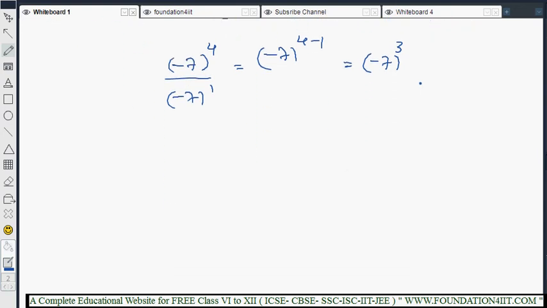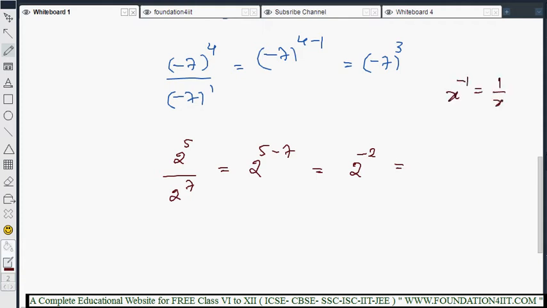I'll give an example: 2 to the power 5 by 2 to the power 7 is given. First power minus second power, that is 5 minus 7, so 2 to the power minus 2 will come. Now this is like the first formula, x to the power minus 1 is equal to 1 by x, as I explained previously, so we can write 1 by 2 to the power 2.